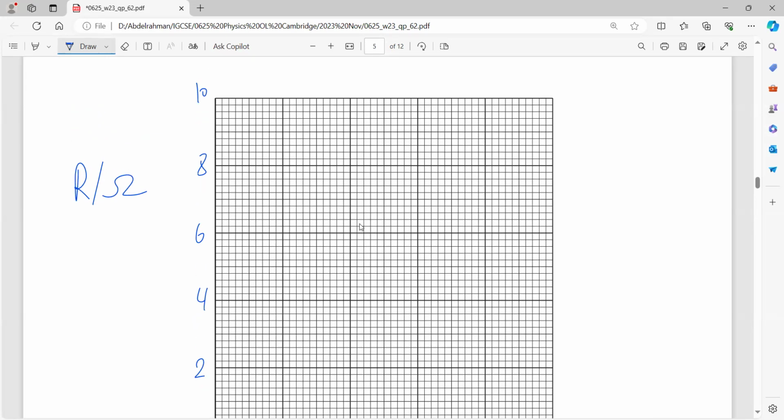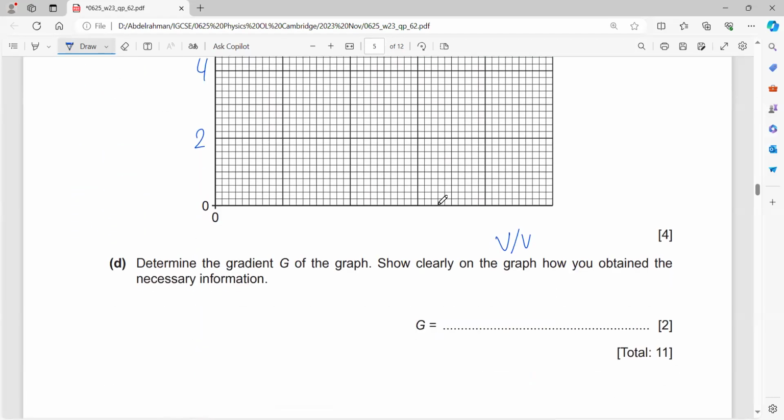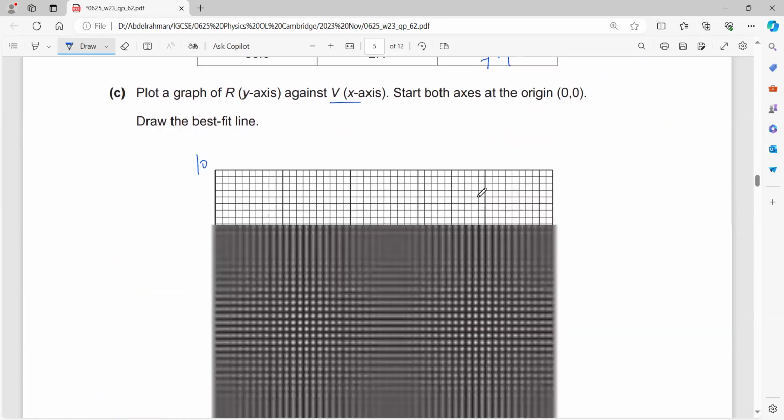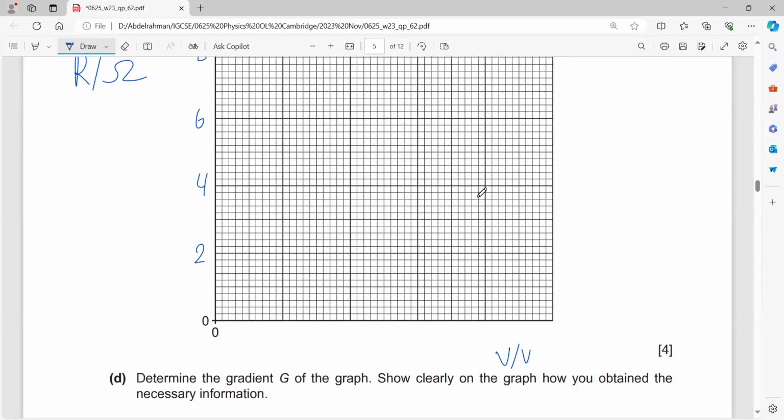What about the voltage? The V is up to 2.4. So how can I scale the voltage? 0.5, 1.0, 1.5, 2.0 and 2.4.